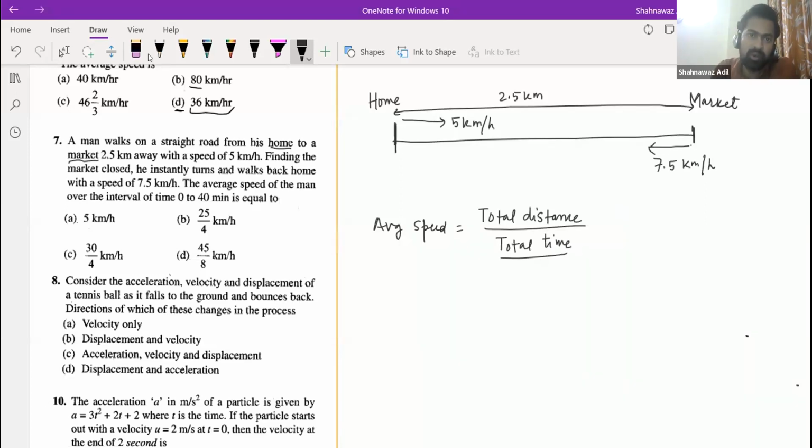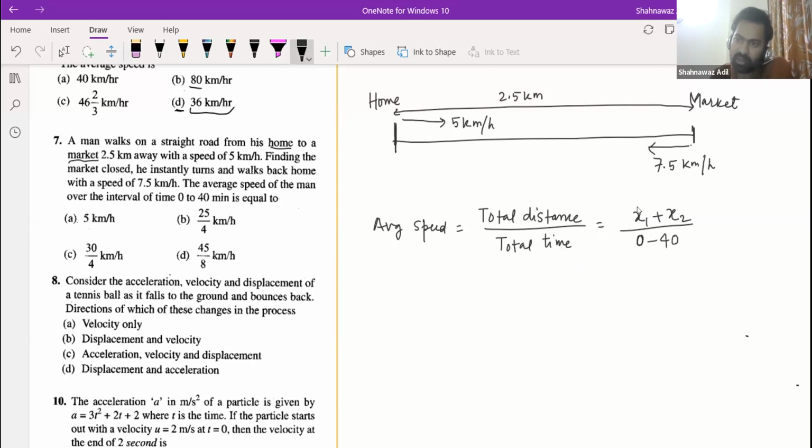Total time is given, 0 to 40 minutes, so total time is 40 minutes. We have to find the total distance, which is x1 plus x2.